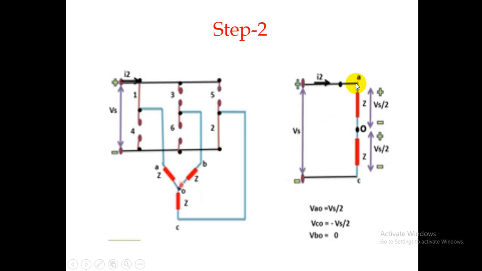Here VAO we already discussed, Vs by 2, but here VOC is Vs by 2. As we know, the lower group is associated with negative voltage values. That's why VCO is minus Vs by 2, because for the C phase the lower switch is operating, and our B phase is not participating in the operation during the 60 to 120 degrees.